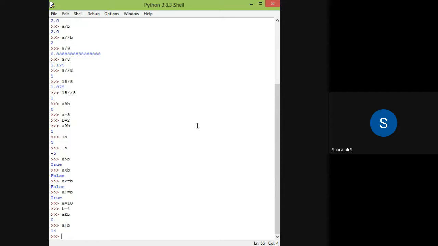In that case, you have to consider left to right. For example, if you're having something like 5 star 3 plus 5 minus 2, this kind of expression, we have one star there, so it has high precedence compared to the other operators, plus and minus. But plus and minus have the same precedence. So in that case, what will we do?